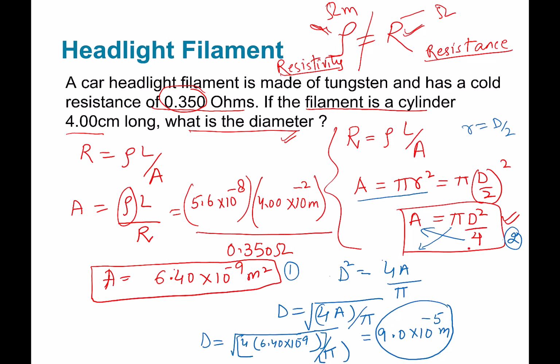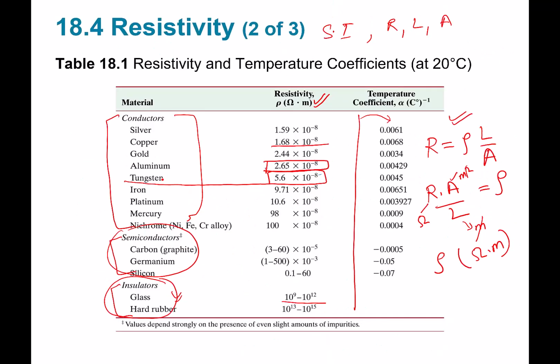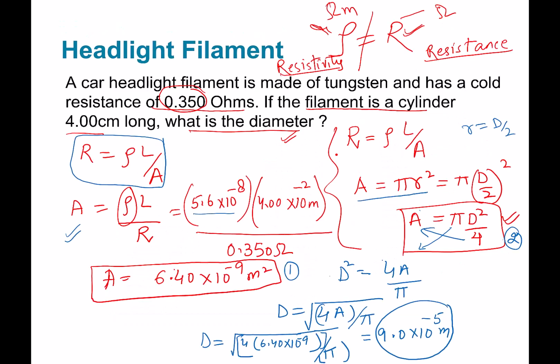Once we find the area using the resistivity formula, we can go ahead and find out the diameter. Here I have used this equation to find the area by substituting the value of resistivity, which I obtained from the table. Since the material in question was tungsten, I took the value from there: 5.6 times 10 raised to minus 8 ohm meter.